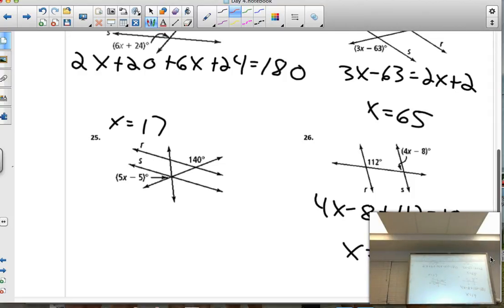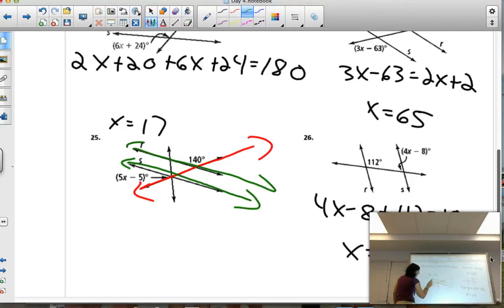Okay, now this one. The reason why this equals 180, there's actually no relationship. Let's highlight these, because there's that extra ugly line in there that is confusing, and it's completely irrelevant. It's simply to confuse you.